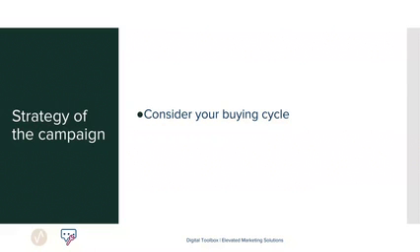Now, if you have a shorter cycle, perhaps you have top of the funnel content where you're introducing them to your product or service. You're really hitting them with that pain point of what it is that you are able to solve for them, and you're giving them bits of information.